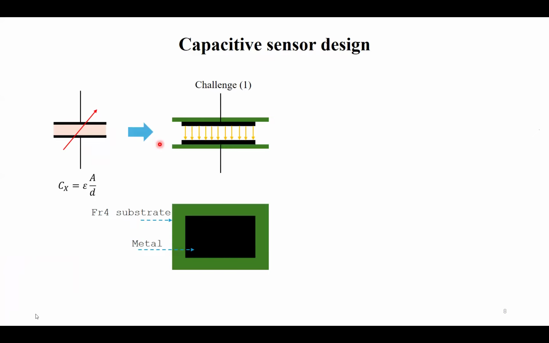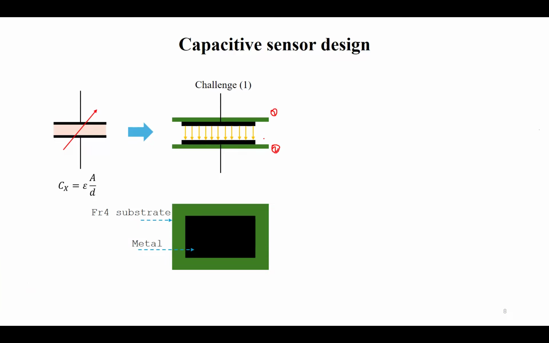We will have two PCBs. I have a PCB1 here and PCB2. Okay, and this green block is an FR4 substrate, and this black one is a metallic sheet or metallic plate, right?